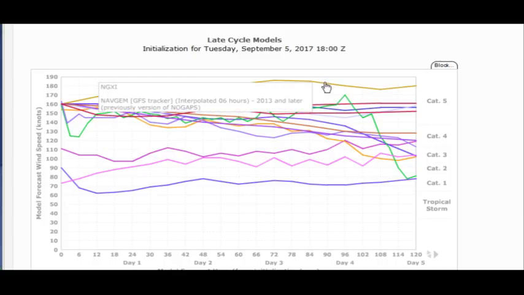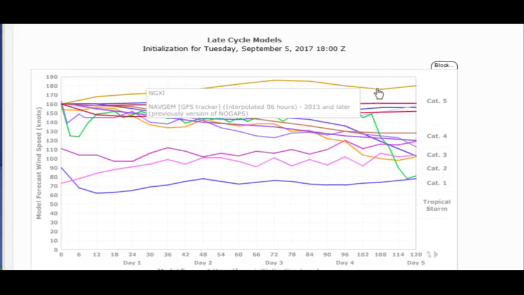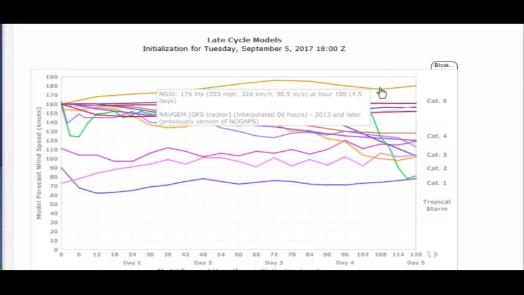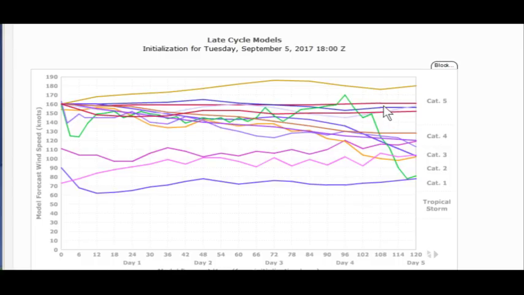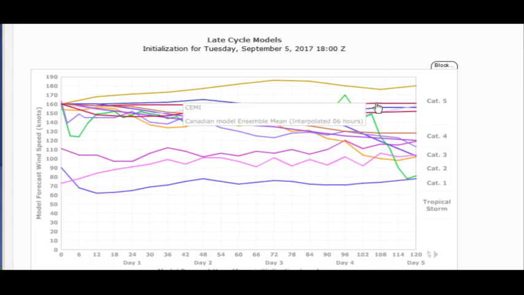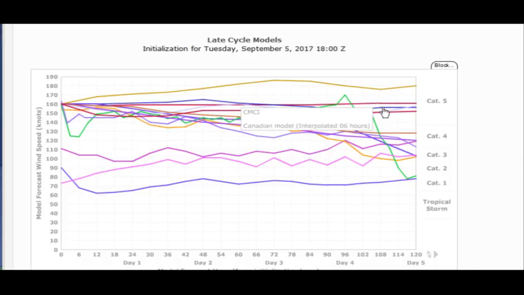And then we have this outlier that's very severe in the NAVGEM, going for 185 miles an hour and about 175, 180 at landfall. So that's the NAVGEM. The other model is a Canadian model, keeping it at about 160, very consistent there.